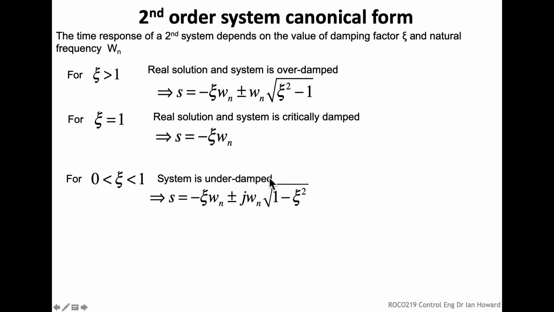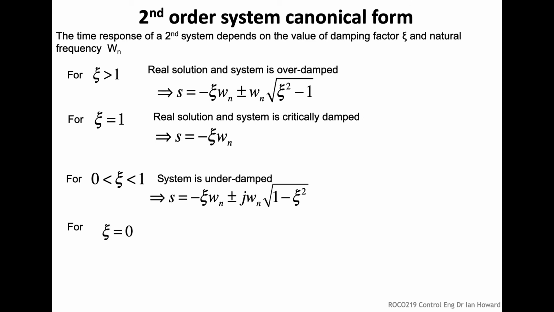So this term leads to an imaginary solution, so we can put the j in front of it. What we see in this case is we've got a real part which is negative, so the system's going to be stable, but we've also got this imaginary part, which means oscillations, if you recall from poles. So poles with imaginary parts, there's something oscillating in there.